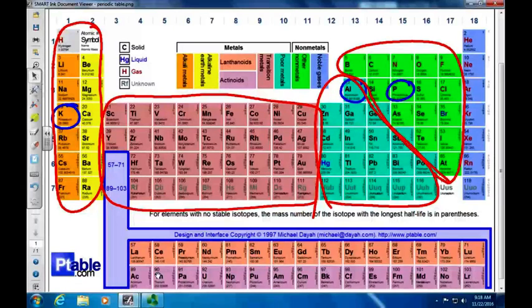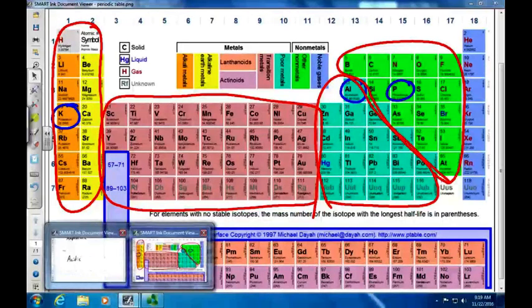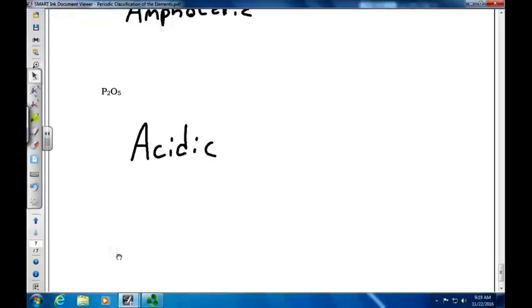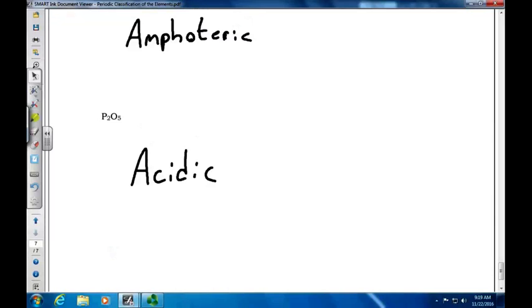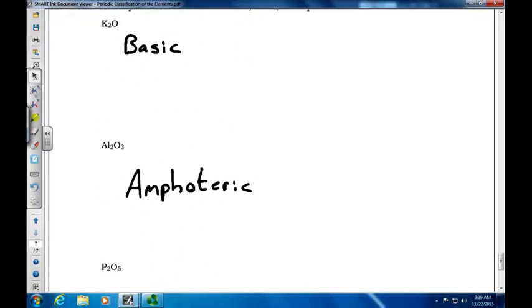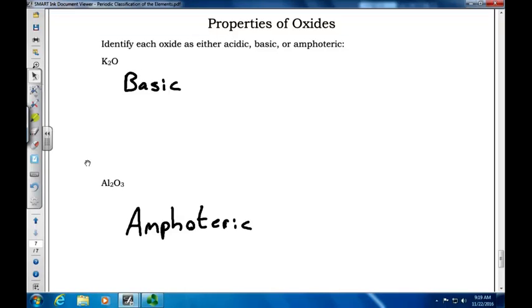So, the amphoteric is what's going to cause the most headache in trying to figure out. But if you see a non-metal attached with an oxygen, it's going to be acidic, generally speaking. If you see an alkali metal or an alkaline earth metal, then it's going to be generally basic. So keep those trends in mind, and you won't have any issue identifying the properties of oxides.